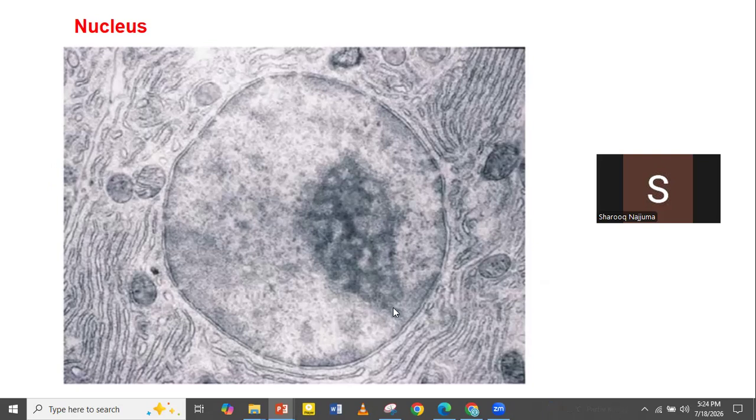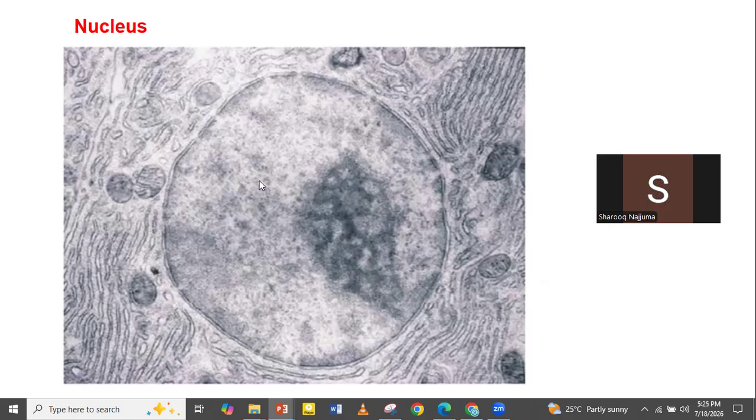Like in this case, we are looking at the nucleus. So this is our nucleus. This is the nucleolus. You can see the outer membrane and the inner membrane here. You can see the nuclear pores.